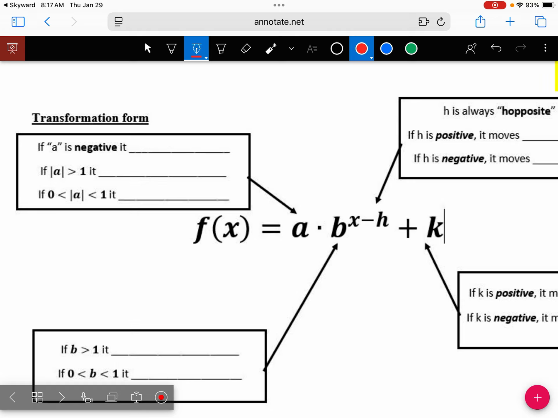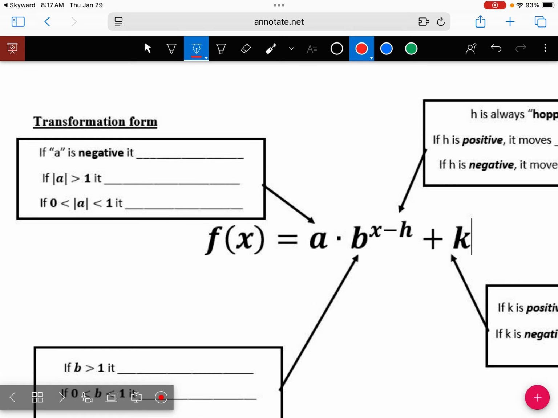All right, so just like before, A is still in front. A does three things. When it's negative, it reflects. If it's bigger than 1, it makes it stretch. And if it's a fraction or decimal between 0 and 1, it makes it compress. So that doesn't change.